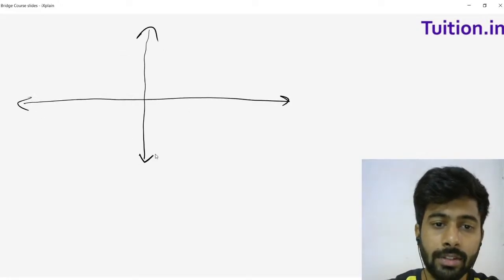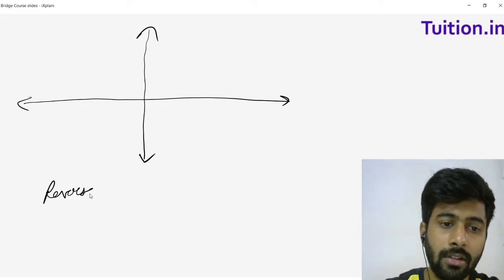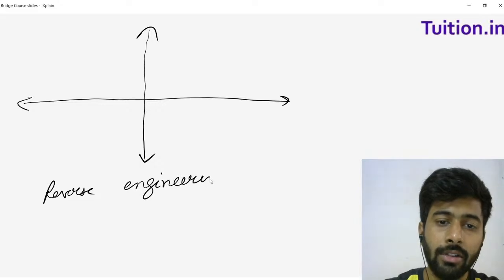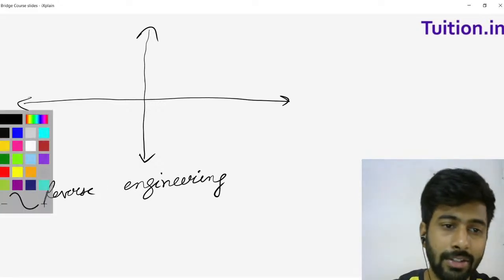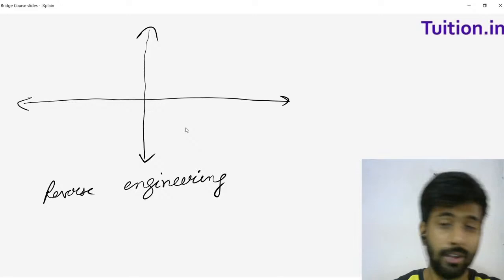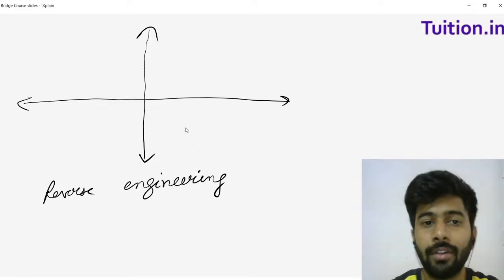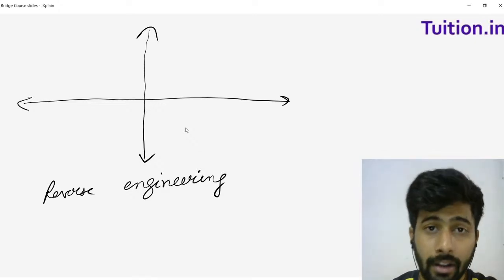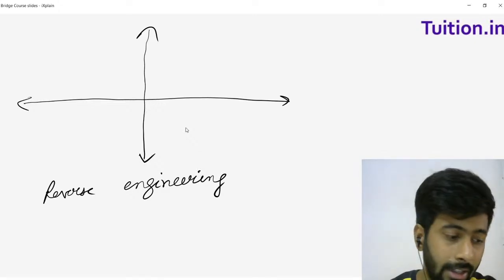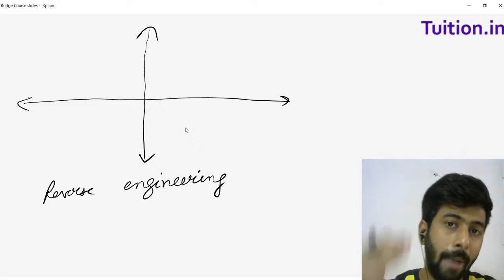Let's do some reverse engineering. I shouldn't use the term engineering, because that is used for when you have a gadget or a software or something else in your hand. You don't know how it is constructed, but then you can backtrack it.